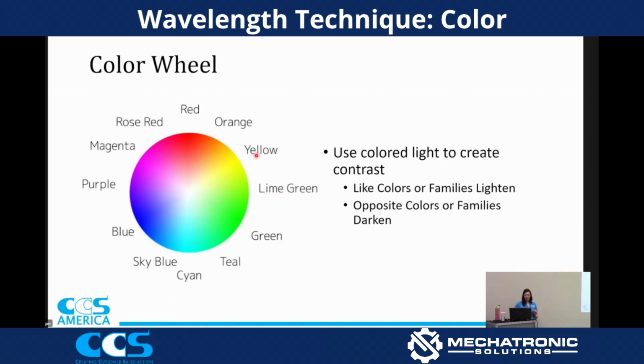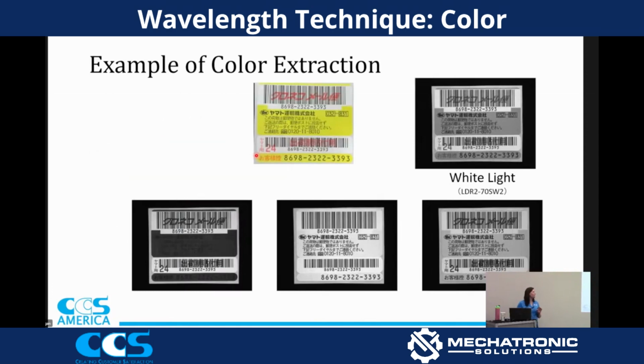So this one's going to be another quiz. We've got a little barcode with red text on it and yellow background. Here's my color wheel to kind of help you guys out, and here's what a white light looks like. Of these three, which one of them is my red light image?